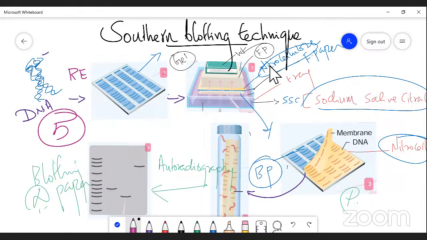As a result, the image formed from the nitrocellulose membrane shows resemblance to what is in the hybridization bottle, right? So simply, the detection of DNA. Here, DNA is detected by the technique called the Southern blotting technique.